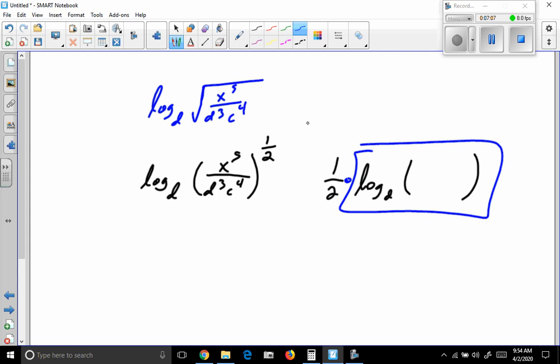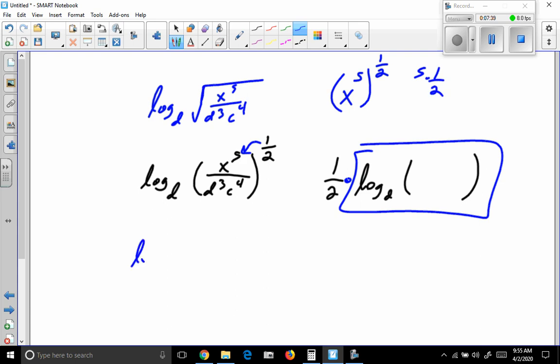Another way we can do is to go ahead and distribute this 1/2 before we split it up. Remember, when we have a fraction and we have products and that's raised to a power, each factor gets that exponent. So this part gets that exponent, and how do we do that? If we have x to the 5th raised to the 1/2 power, a power raised to a power, we multiply the exponents.